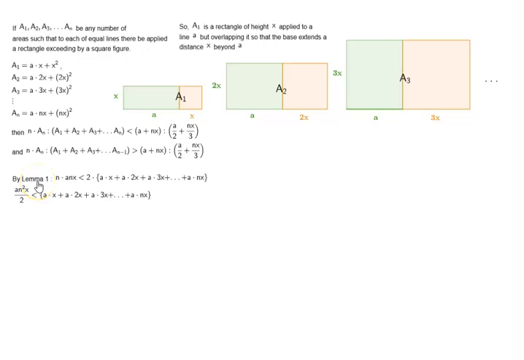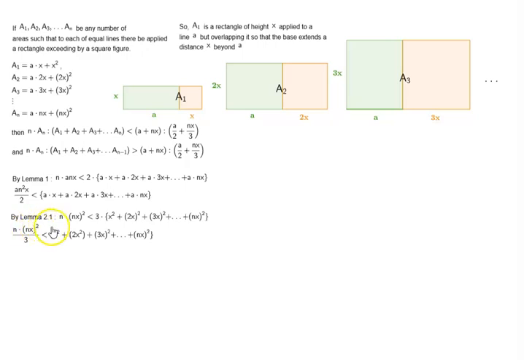By lemma 1, n times anx is less than 2 times ax plus a times 2x plus a times 3x plus a times nx. That is the sum of the rectangles, green rectangles.